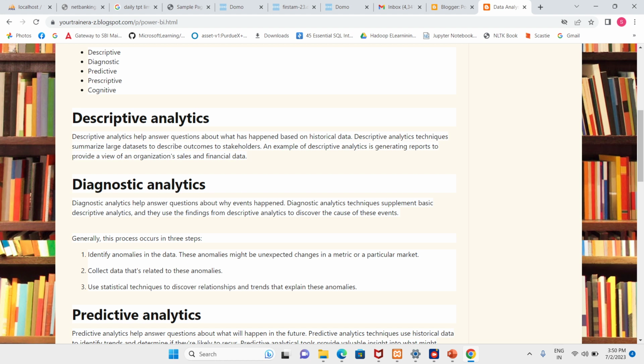So this is called diagnostic analytics. Generally this process occurs in three steps: identify anomalies in data, collect the data that's related to these anomalies, use statistical techniques to discover relationships and trends that explain these anomalies.